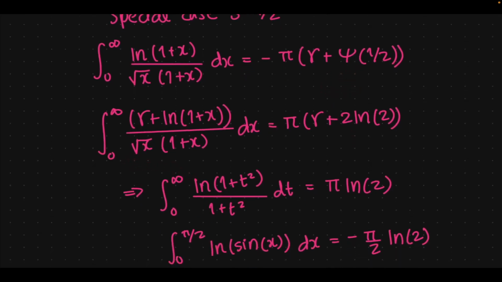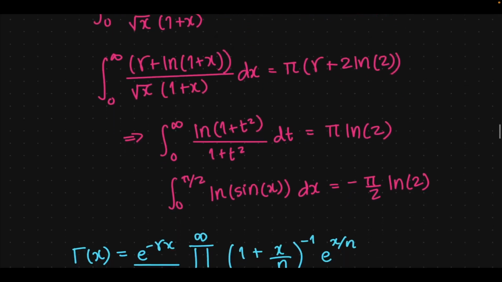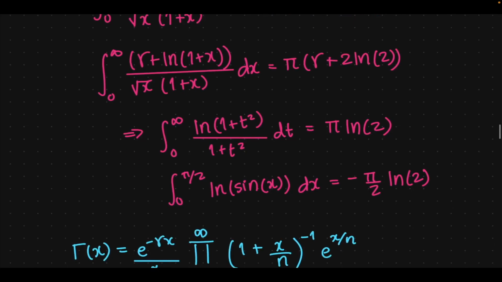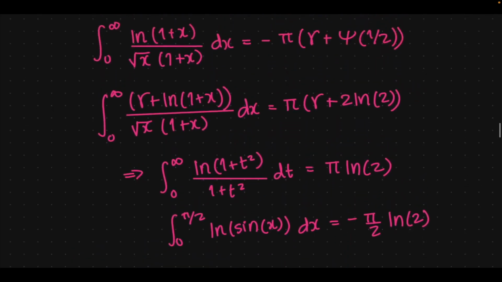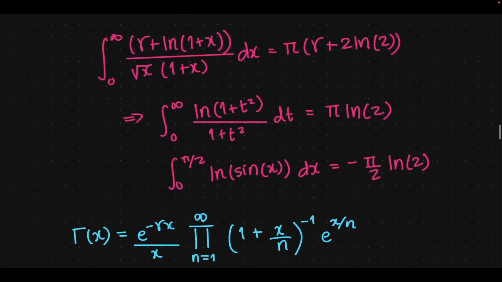We also have the integral 0 to infinity of digamma plus natural log of 1 plus x divided by square root x times 1 plus x dx equals pi times Euler-Mascheroni plus 2 times natural log of 2. This is if we plug in the particular value of the digamma.